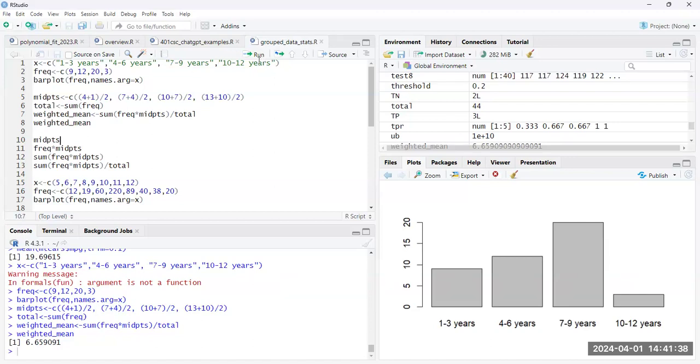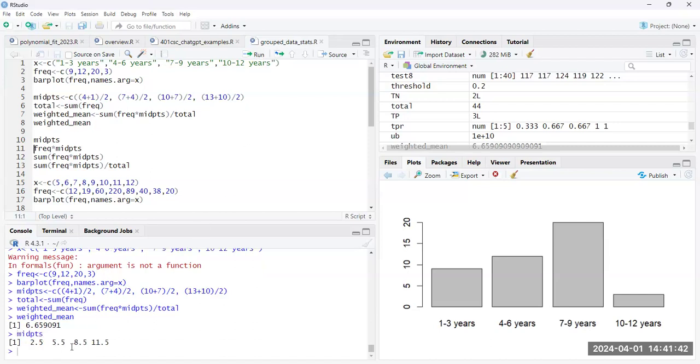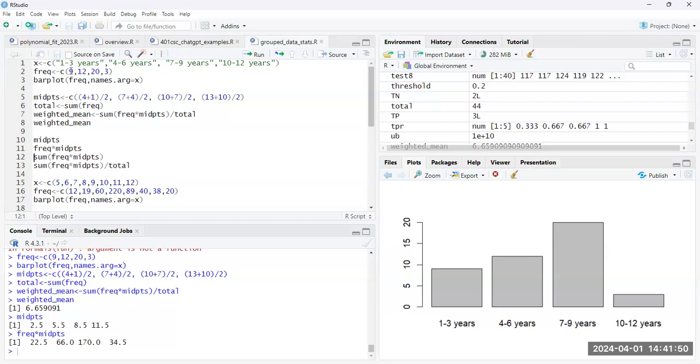Now, just again, to run through what the calculations are doing. My list of midpoints are the center parts of my bins, essentially. Calculating the frequencies times the midpoints gives the frequencies times each of these midpoint values, essentially to get an estimate of the sum of the values in the entire bin.